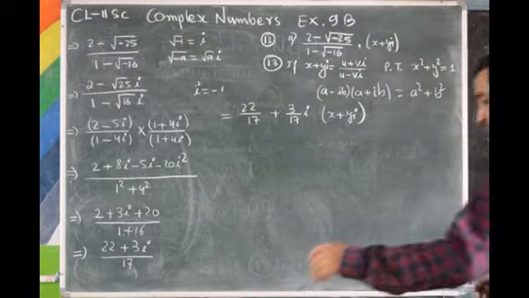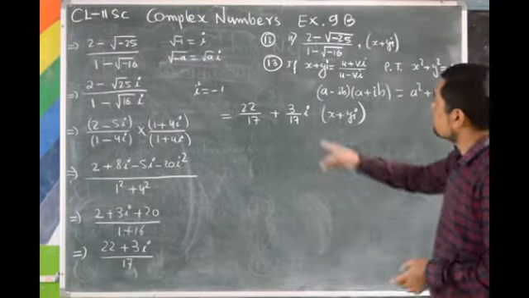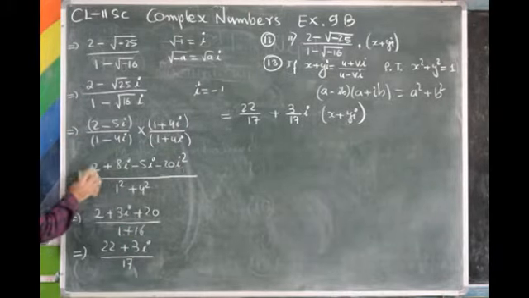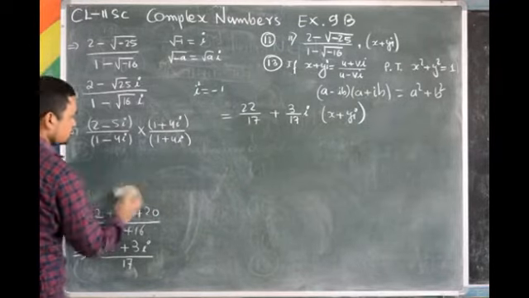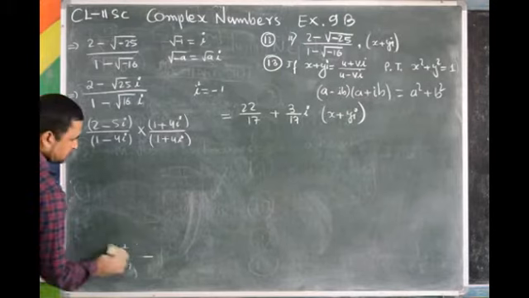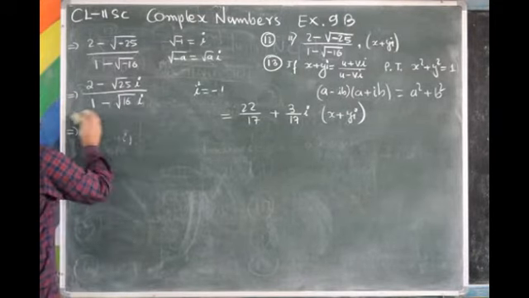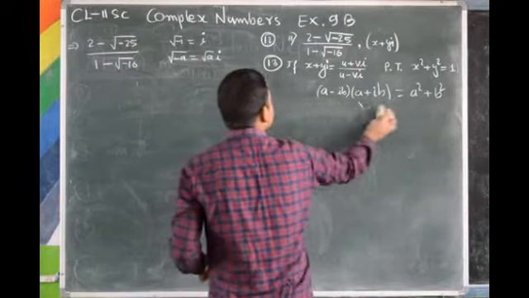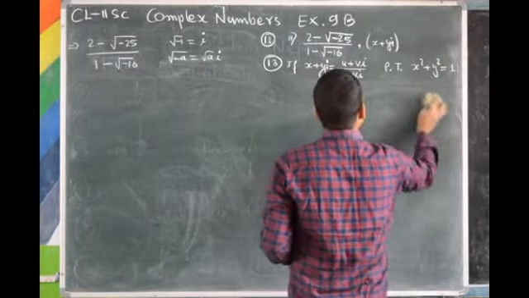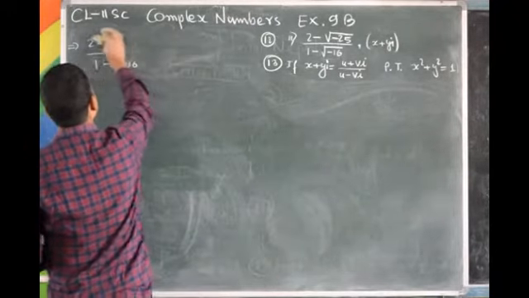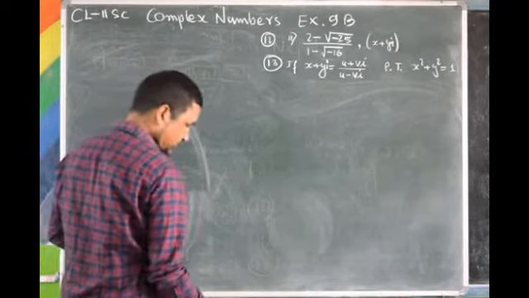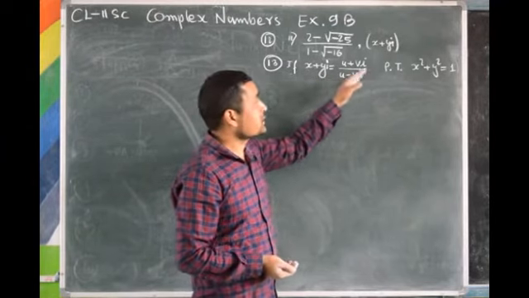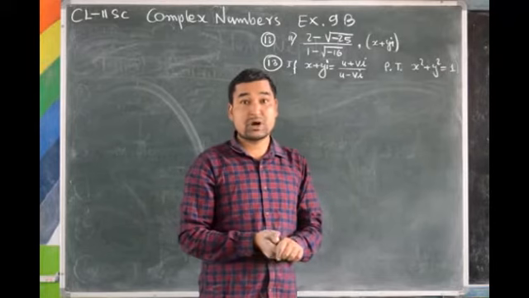Now next question. Question number 13. The value of x plus yi is given, and the question asks to prove whether x square plus y square equals 1 or not.